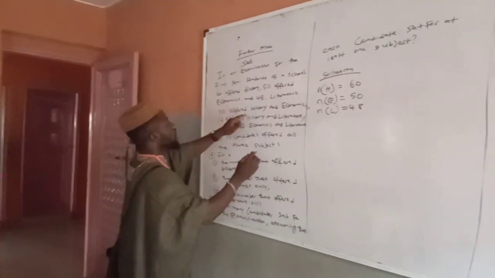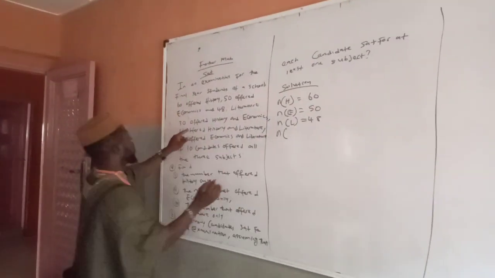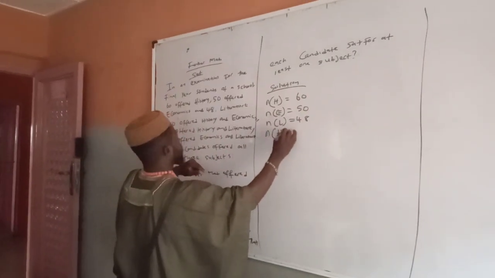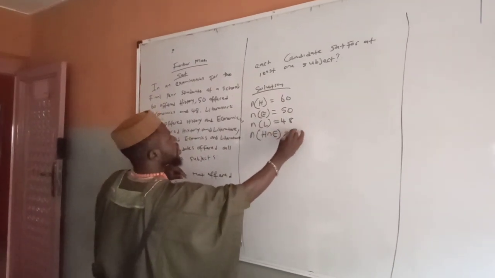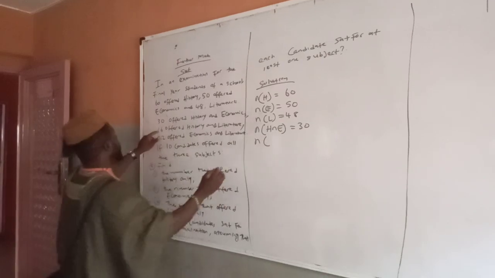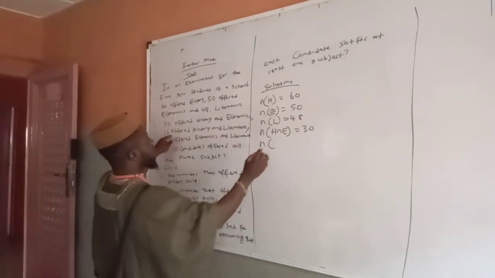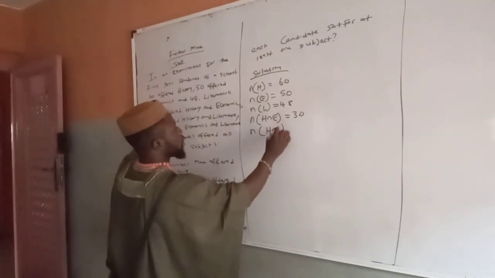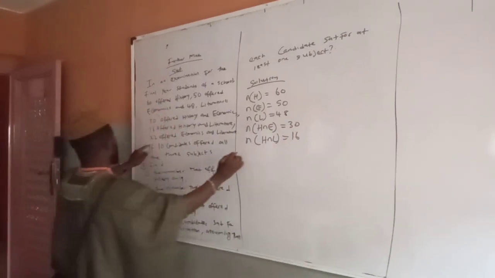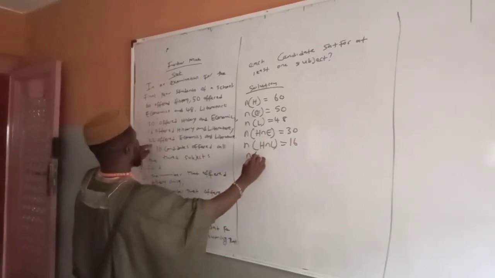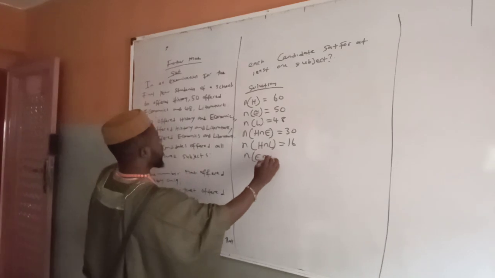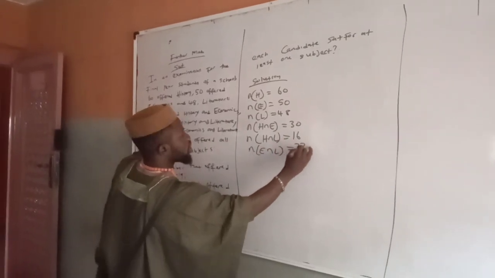Then we now have history and economics, that's n of history intersection economics, which is 30. The next one is history intersection literature, which is 16. Then we have economics intersection literature, which will give us 22.